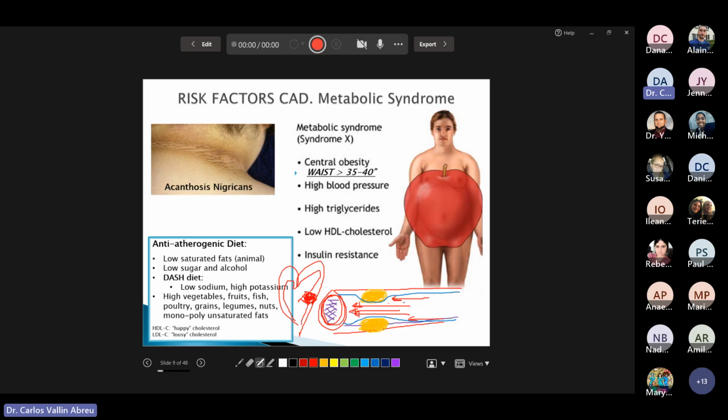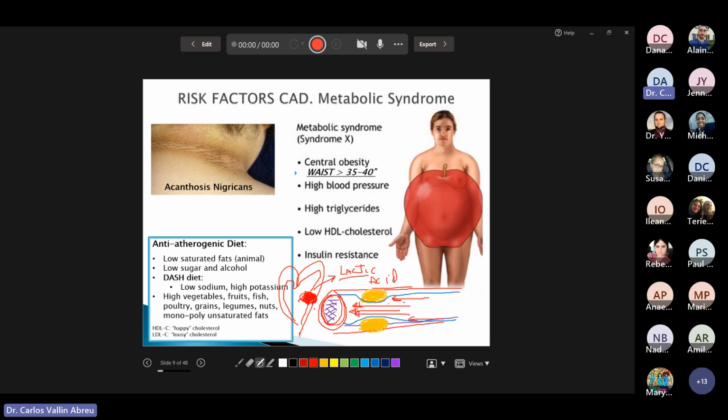And when the tissues become ischemic because of the lack of oxygen, the localized deficiency of oxygen, this part that is ischemic starts producing lactic acid. Lactic acid has the property of stimulating the nerves that are nearby, producing pain.